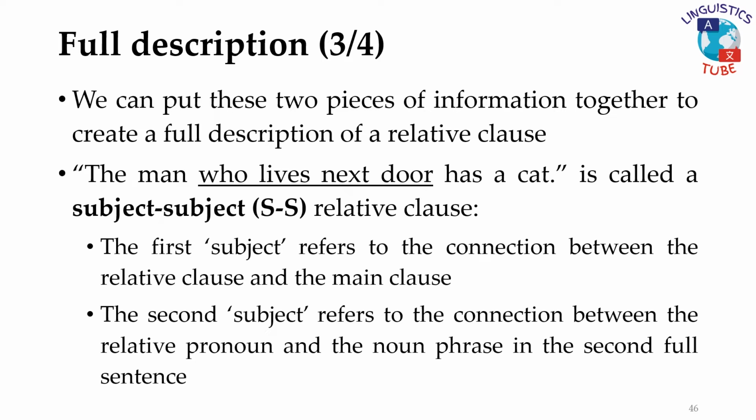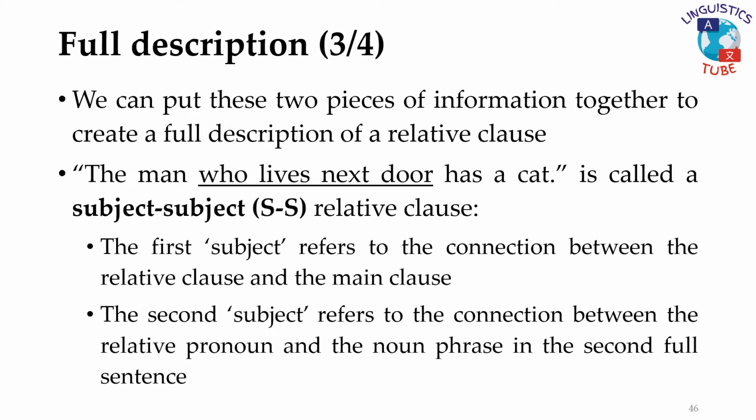Now that we understand what is involved in our classification of relative clauses, we can put these two pieces of information together to give names to our full description of relative clauses. "The man who lives next door has a cat" is called a subject-subject relative clause, which I'll refer to as SS relative clause.